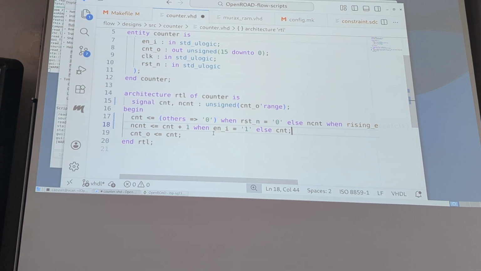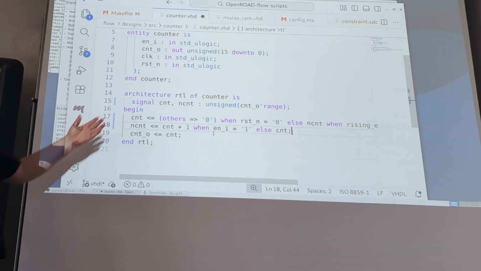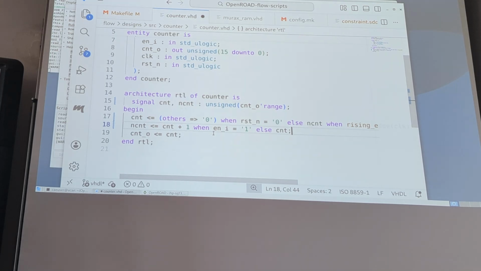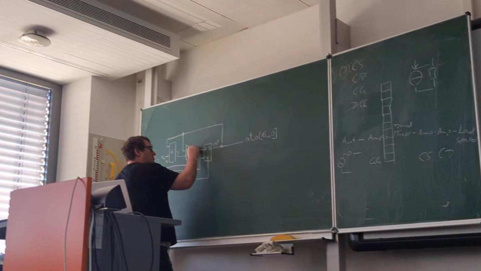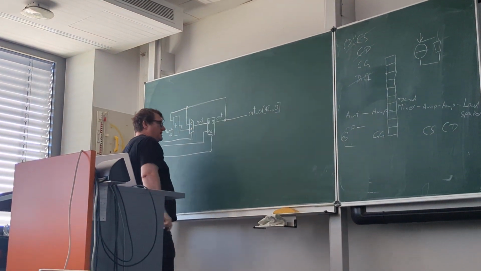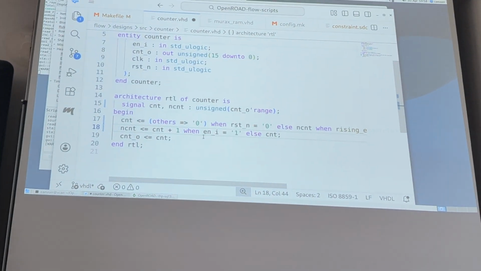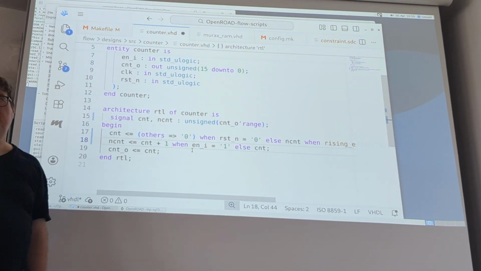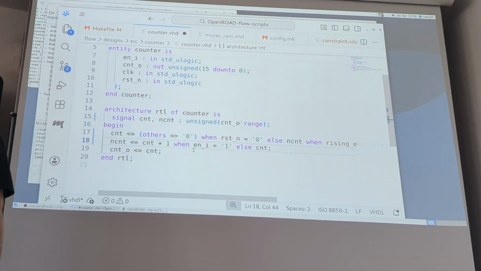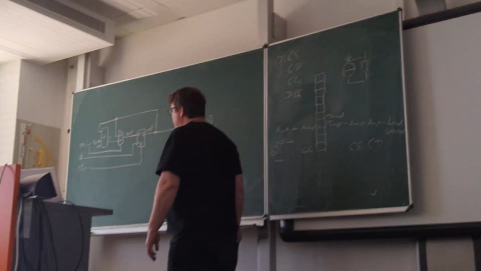So this is the same functionality. Now I have next count explicit. So this would be then next count. Next count is the D input of the register. So this is our structure.